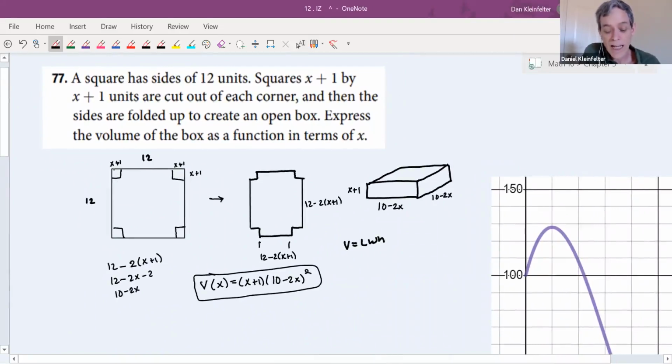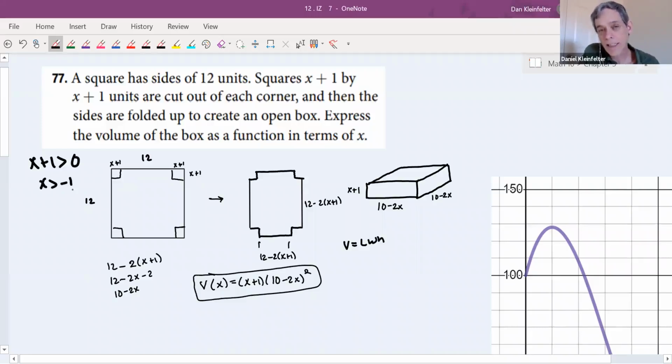For one thing, x has to be at least -1, right? I didn't include that. x has to be at least -1 here because we have to have the cut size be at least 0. If you don't cut out something, then you just have a flat piece of square cardboard or whatever. You don't have a box. So you have to cut out something. So x has to be at least -1 because x plus 1 has to be at least 0, right?